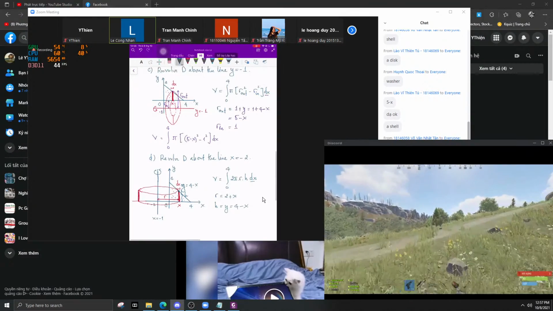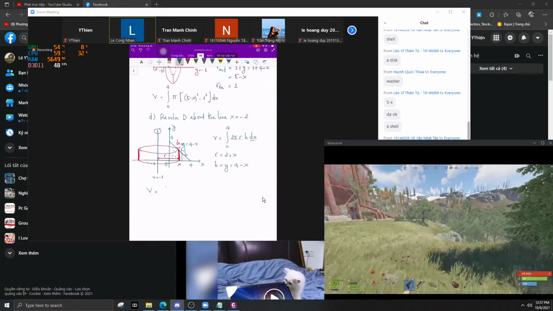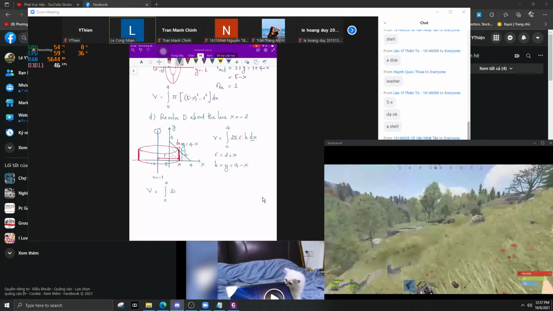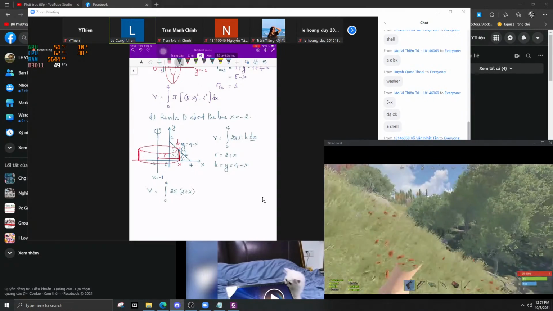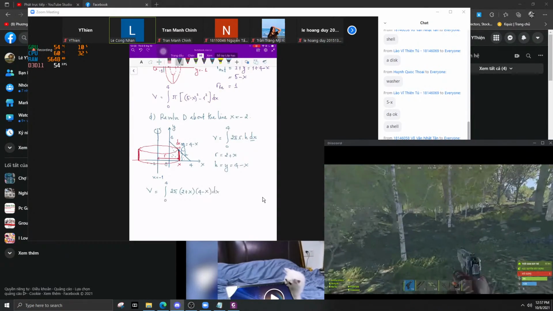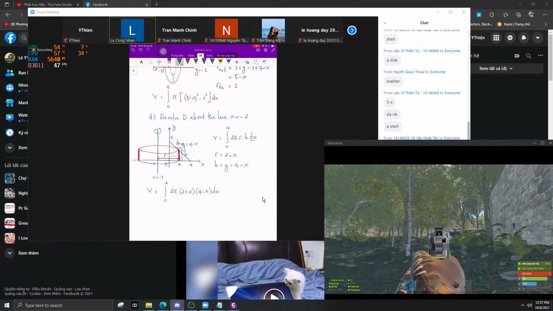And therefore, the volume of the solid of revolution is given by the integral from 0 to 4 of 2 pi times (2 plus x) times (4 minus x) dx. You get the idea?